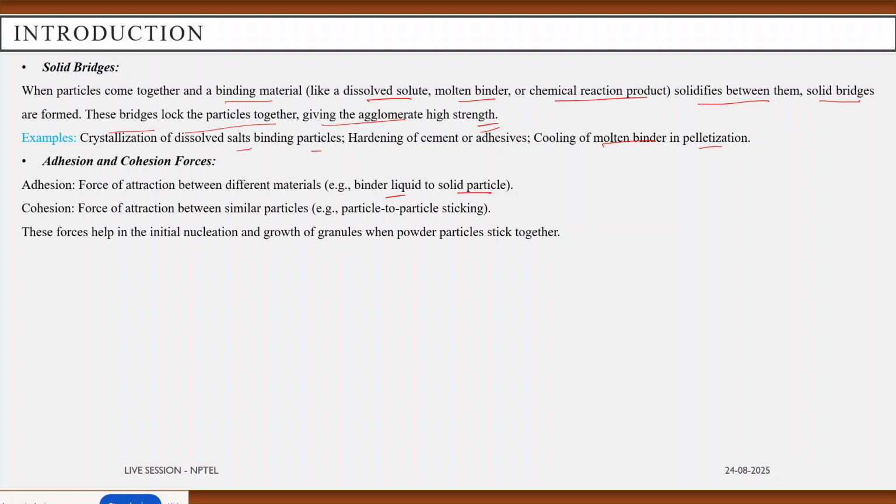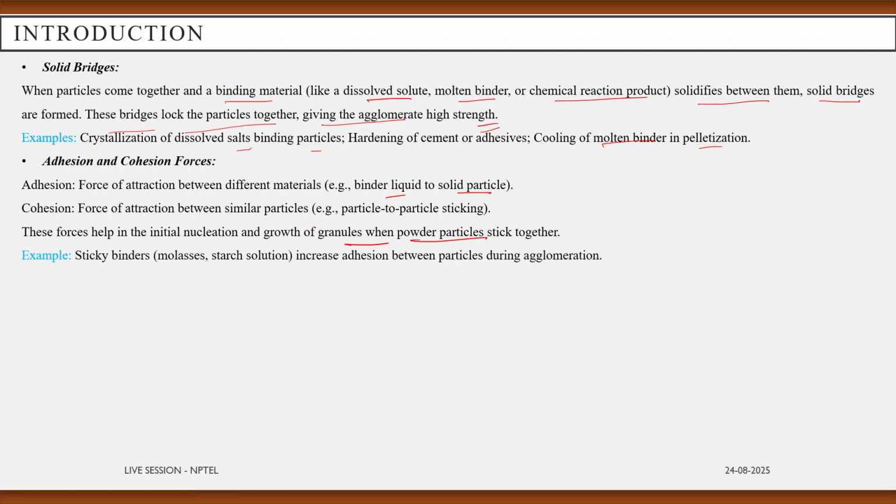These adhesion and cohesion forces help in the initial nucleation and growth of the granules when the powder particles stick together. You can take examples like sticky binders such as molasses or starch solution, which increase the adhesion between the particles during the agglomeration process. So here adhesion and cohesion forces are both equally responsible for making the agglomerate product.